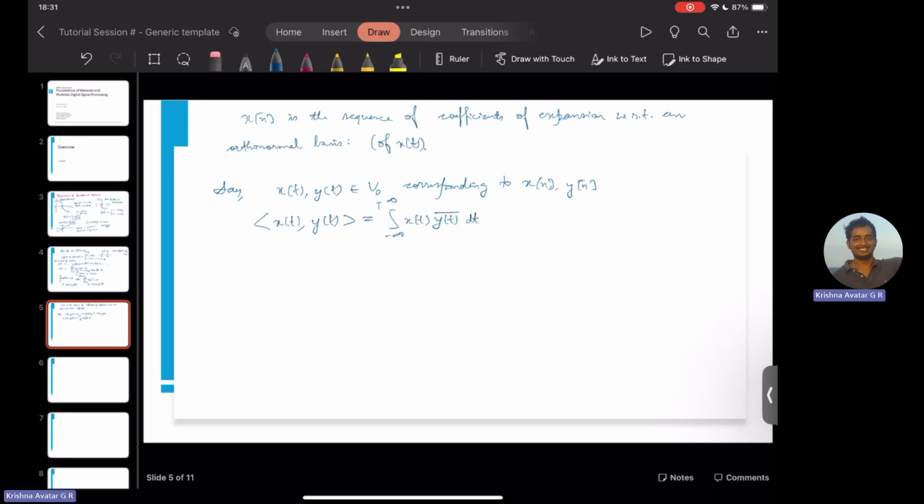Now let's try to get what this coefficient would be, x of n, y of n. So we want to derive what the expression for k naught is.